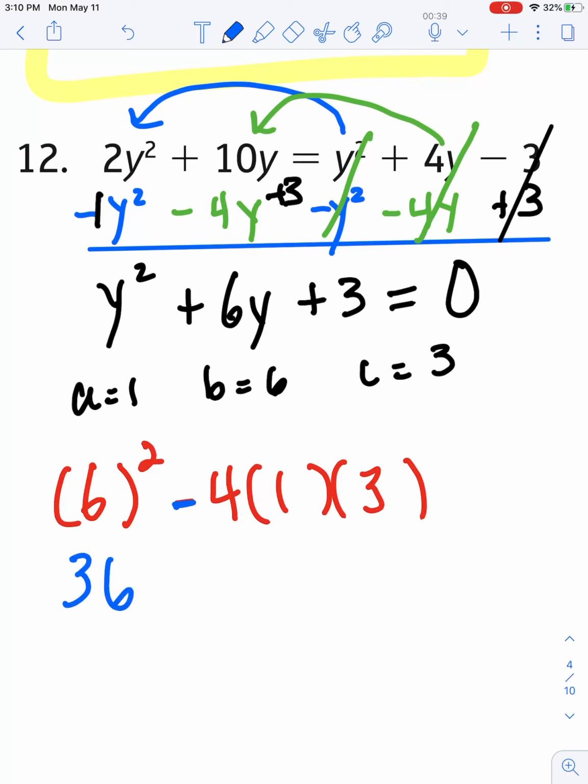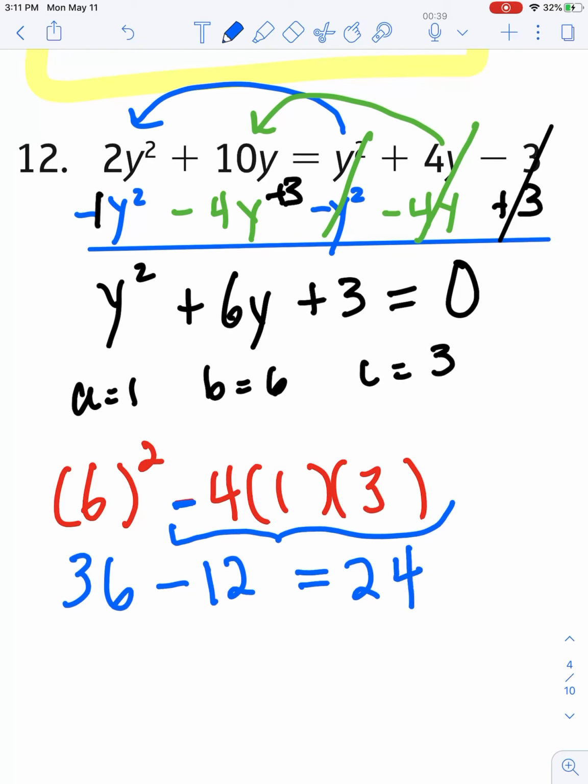And there's only one negative here, so it's going to remain negative. So 4 times 1 is 4, times 3 is 12. So 36 minus 12 gives us 24, and it's a positive 24. Because the discriminant is positive, we know that there are going to be 2 real roots.